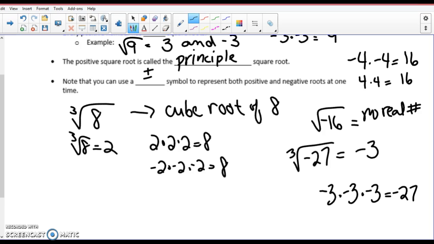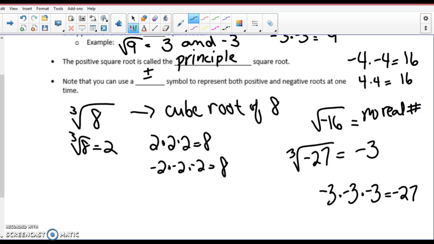When you are taking an odd number root, which a cube root is an odd number root, there will be one root, and it can either be positive or negative. When you are taking an even number root, it is impossible right now to take the even number root of a negative number.